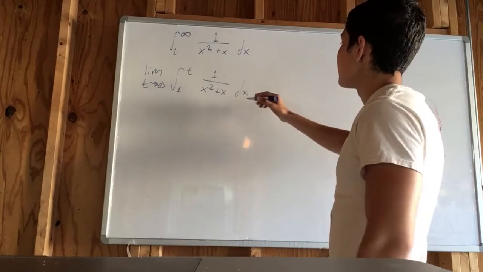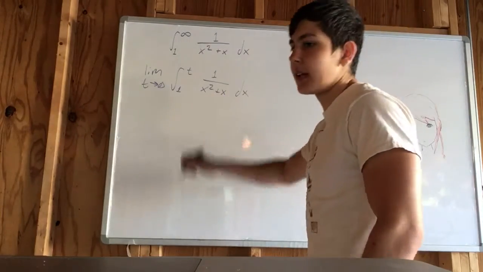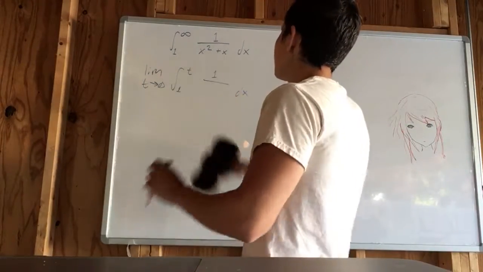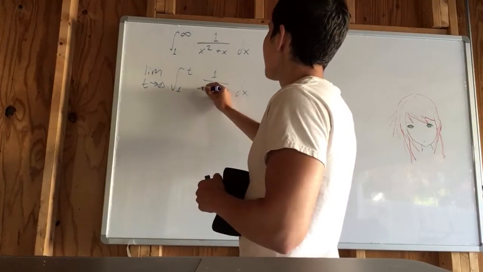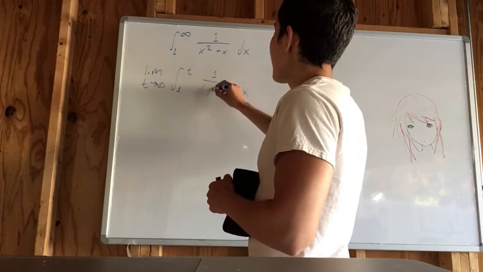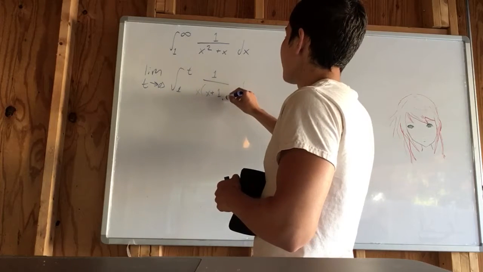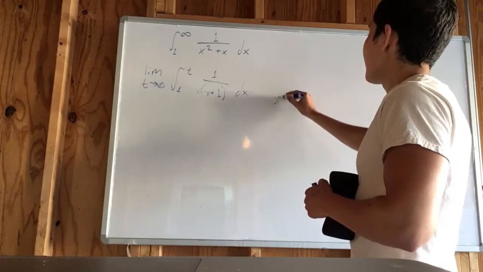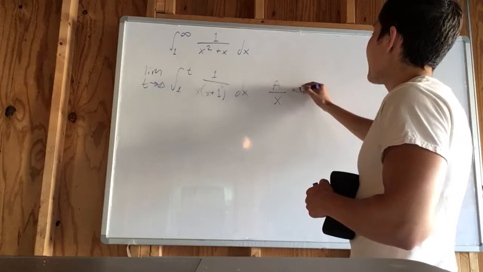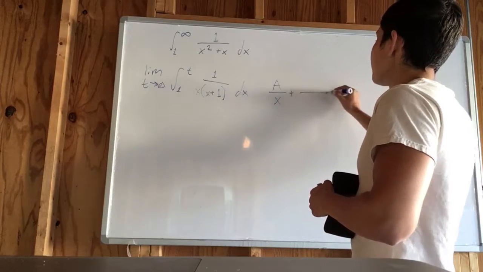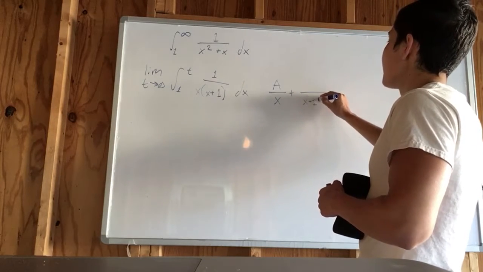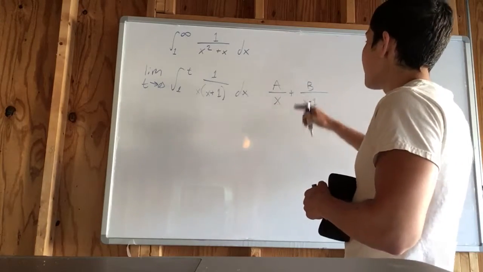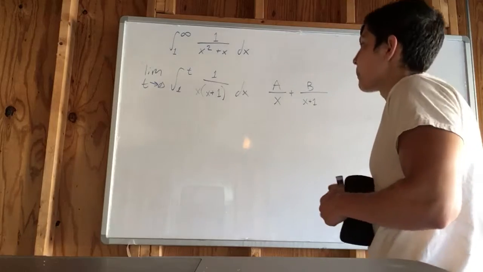So with partial fractions, we factor the denominator, so this is x times x plus 1. And then we have a over x plus b over x plus 1. These are linear, so we have just a and b.